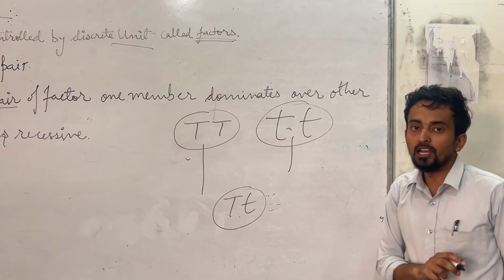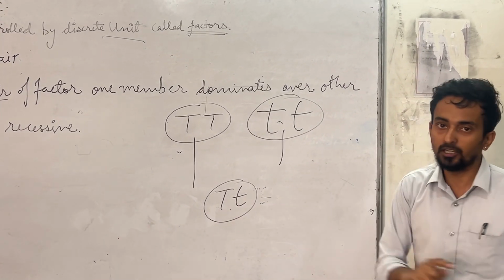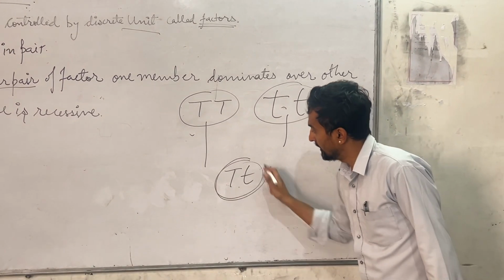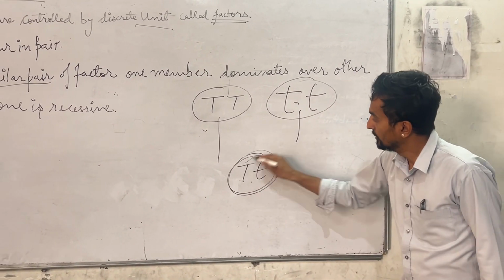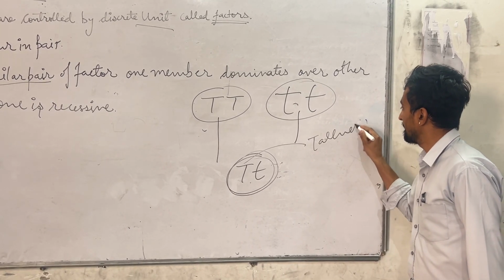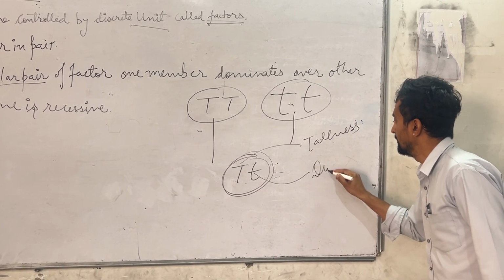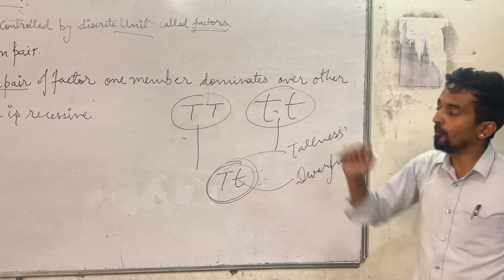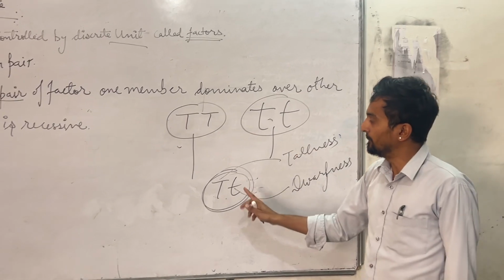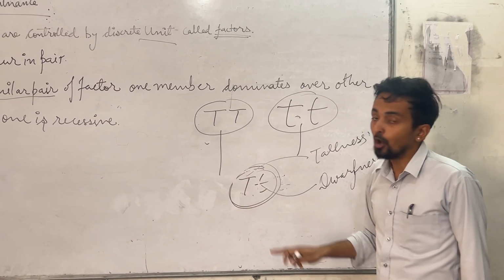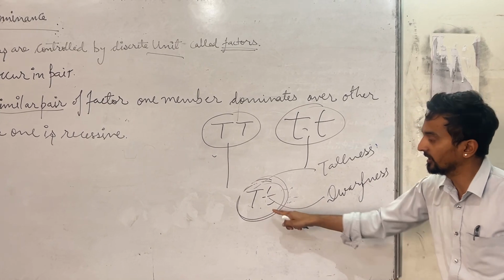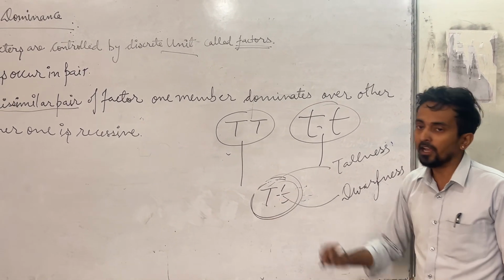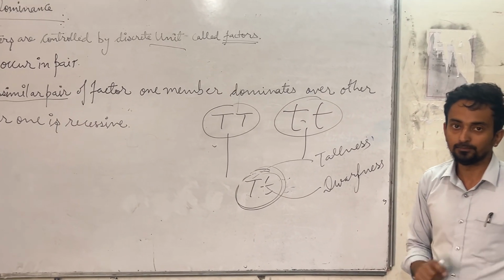The new allelic form that develops is capital T and small t, which is the heterozygous condition. Here capital T stands for tallness and small t for dwarfness. So what does the law of dominance conclude? That only one factor of a pair dominates over the other. Here capital T dominates over small t, which means tallness dominates over dwarfness.